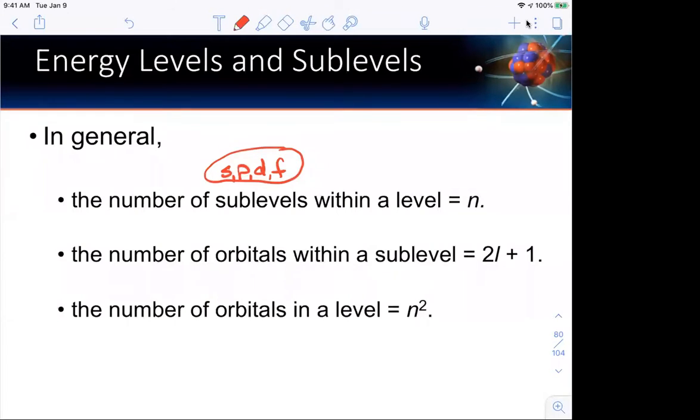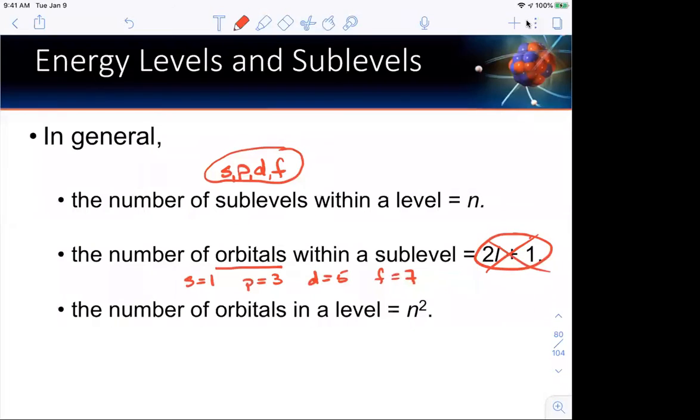The number of orbitals is always going to be, for s, I have 1. For p, I have 3. For d, I have 5. And for f, I have 7. You can calculate it, but I don't really pay any attention to that. I just think about where I am in my periodic table, which is going to be a really useful reference for building these atoms.